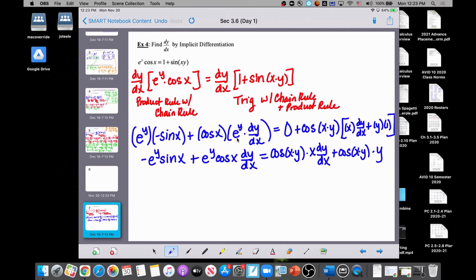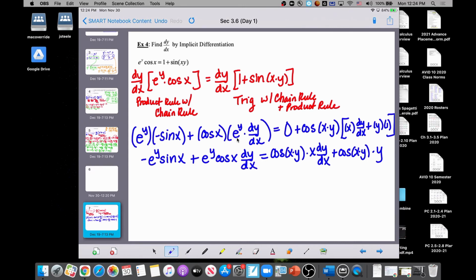And in the next step, I'm going to put the x and the y in front of those cosines just because I don't like them after. But notice that I did parenthesize the x times y inside of the cosine because I want to make sure that it's very clear that both of those are inside of that trig function.